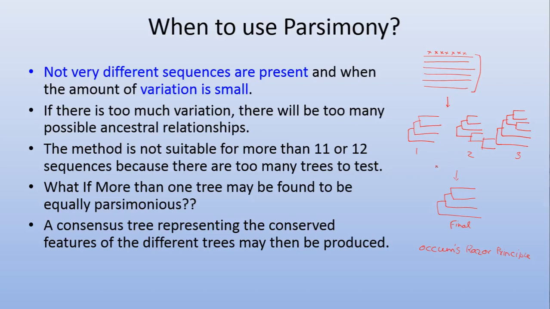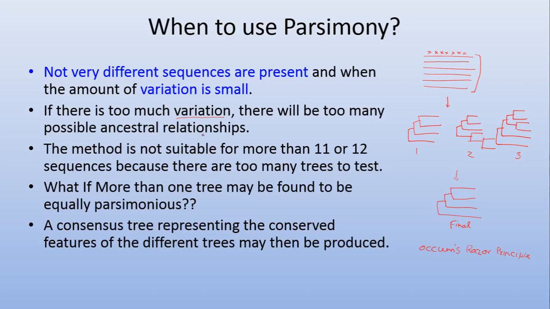Okay, so now if you tend to use the sequences, or you can say the multiple sequence alignment, where variation is quite very high, that variation might result in many possible ancestral relationships, and thus you might end up with some very erroneous number of trees.